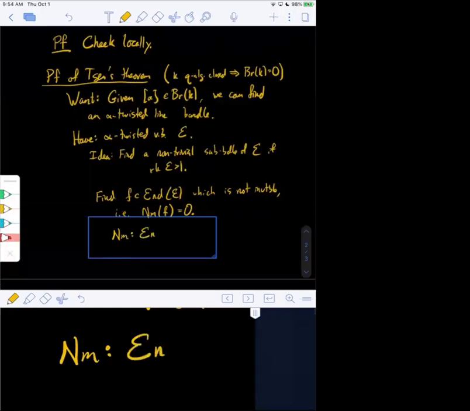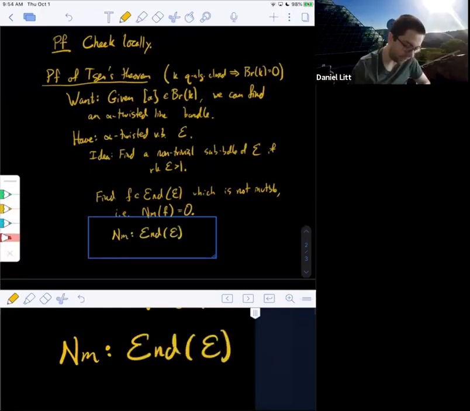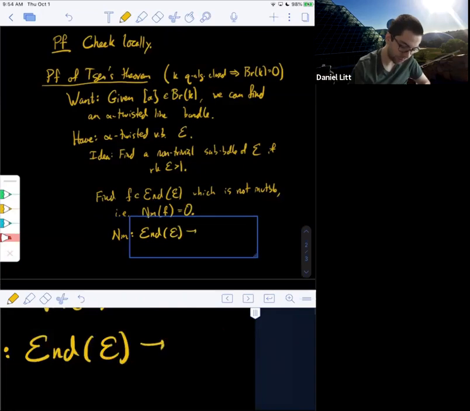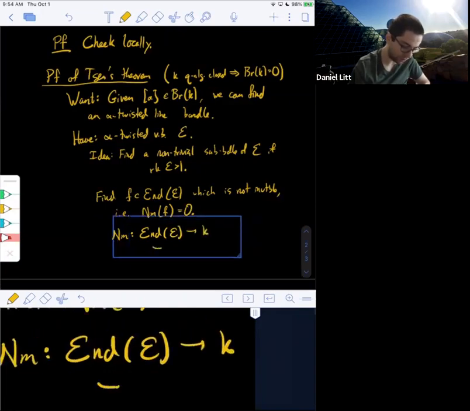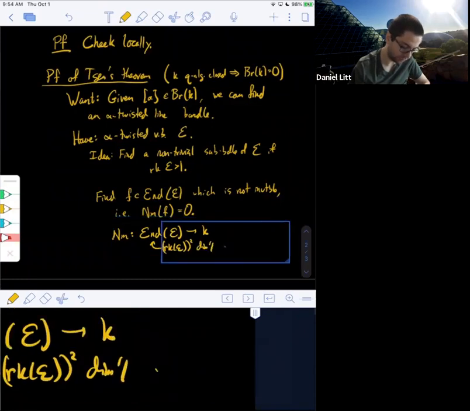It's a polynomial function from ND to K, right? So this is just a rank of E squared dimensional affine space.